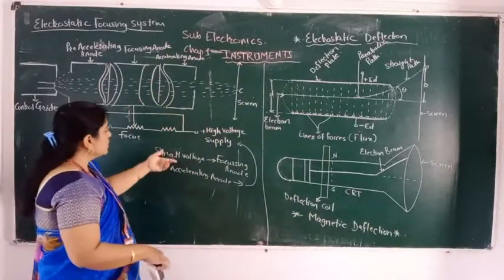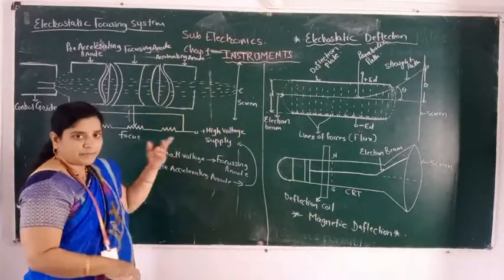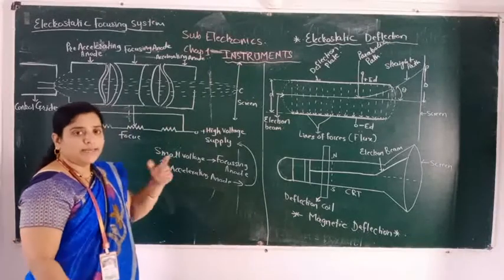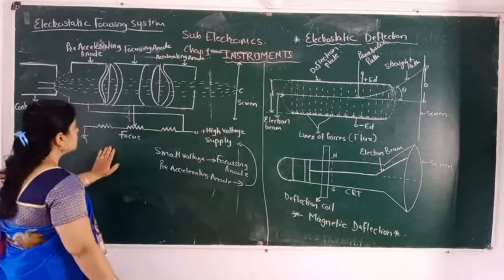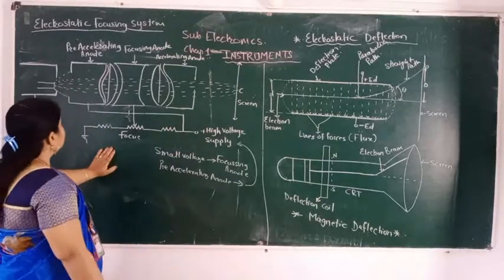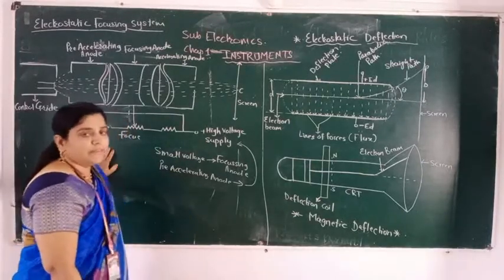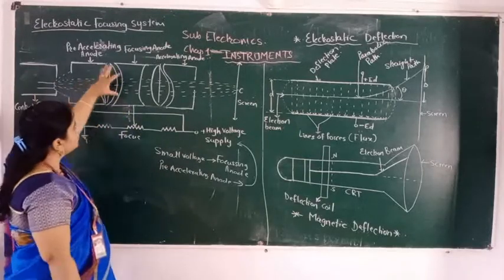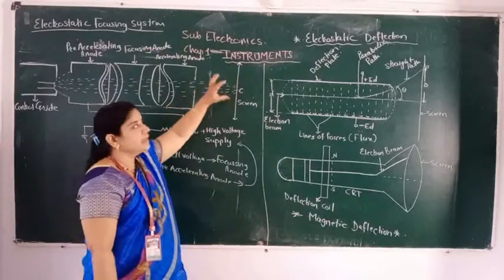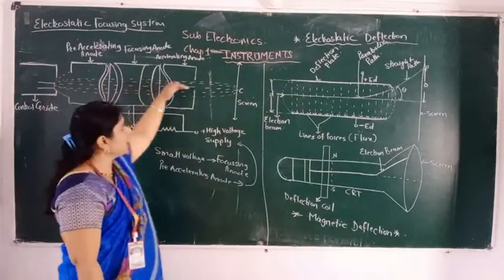Okay. So it has two plates as we have seen in the CRT, vertical plates and horizontal plates. So in this electrostatic focusing, we only have to see that when the electron beam passes, it will not move anywhere on the screen. It will move in one path.